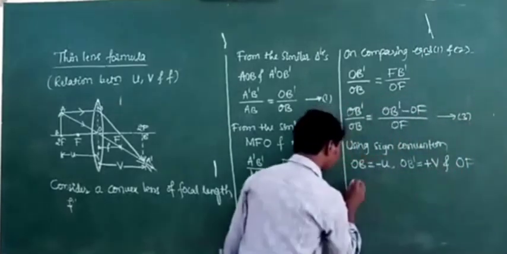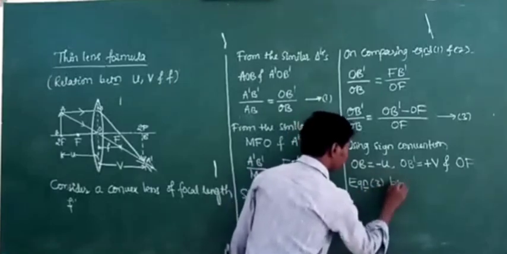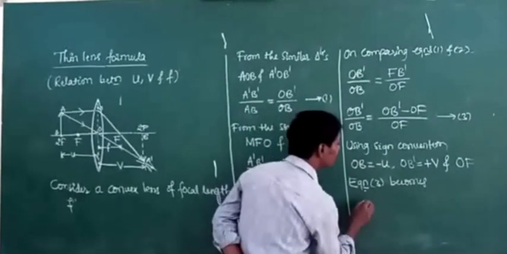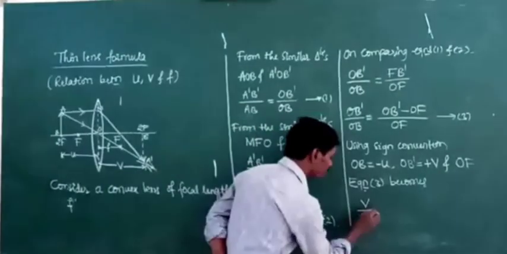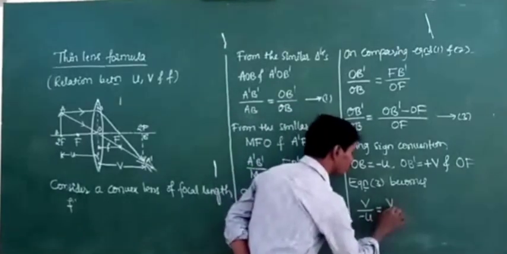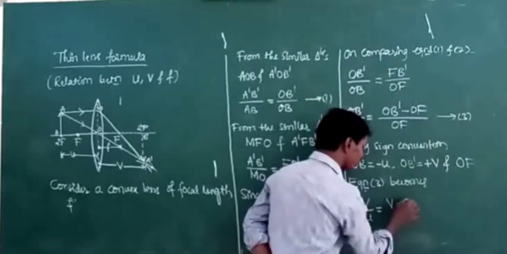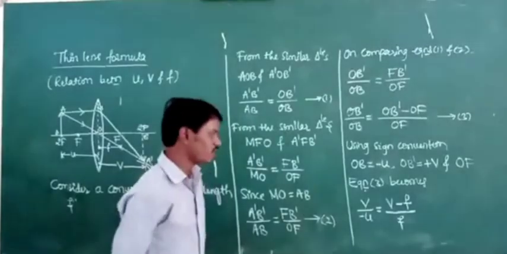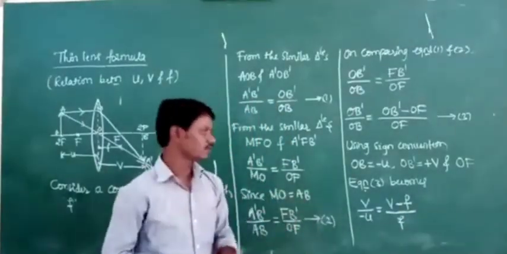Then by putting these in this equation, equation 3 becomes: OB dash is V, OB is minus U, so V divided by minus U is equal to, again OB dash is plus V and OF is F, V minus F divided by F. On solving this, I will take F to the left hand side and minus U to the right hand side and multiply.